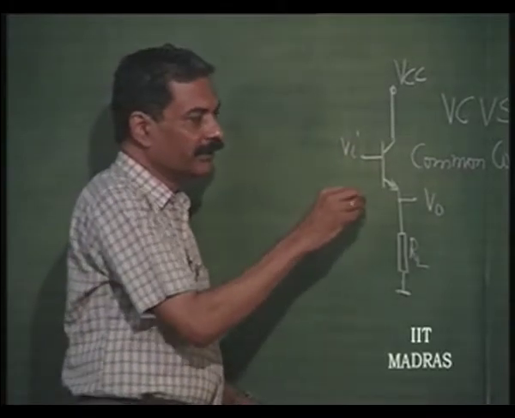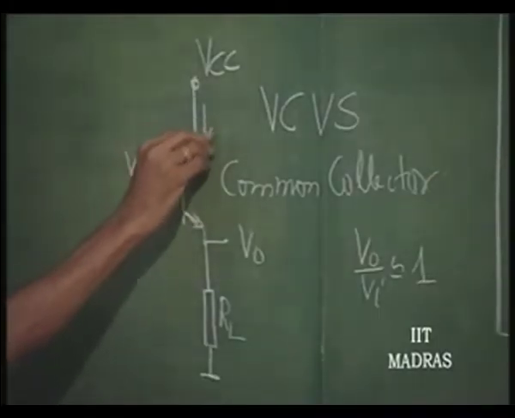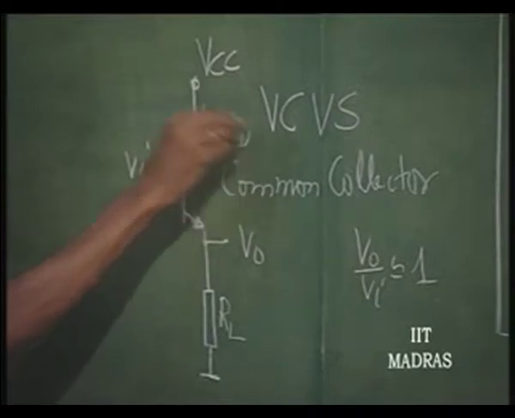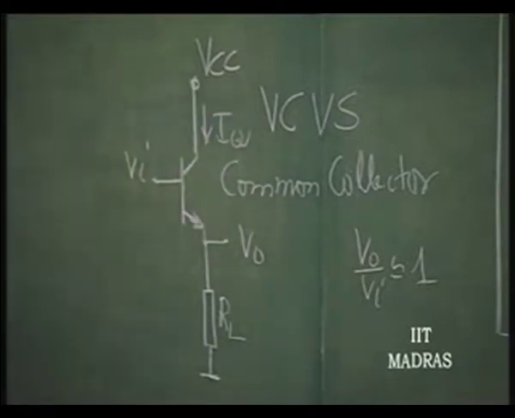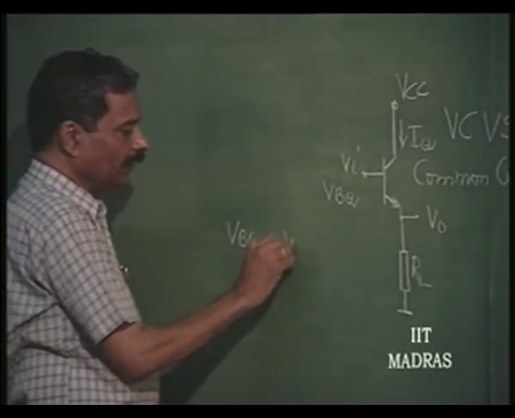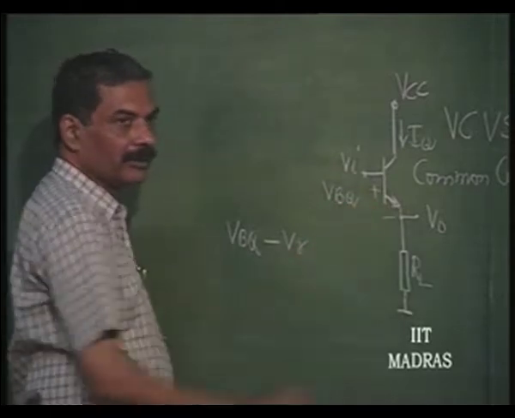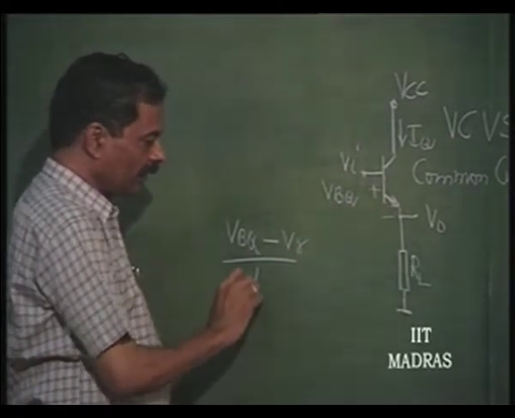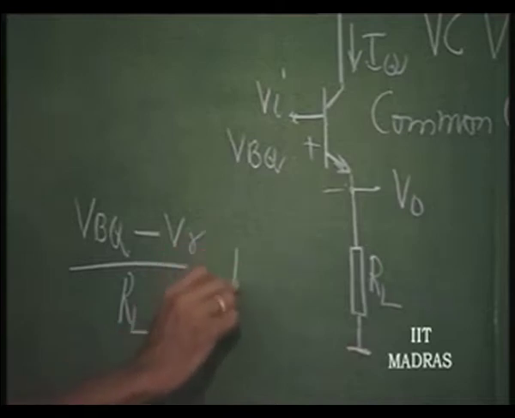So, we know that this is having some I quiescent. Obviously, we have V B quiescent here in order to make this operate at I quiescent. So, V B quiescent minus V gamma, divided by R L in this case is I quiescent.